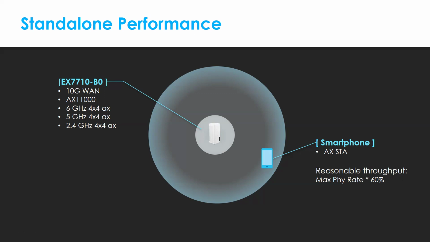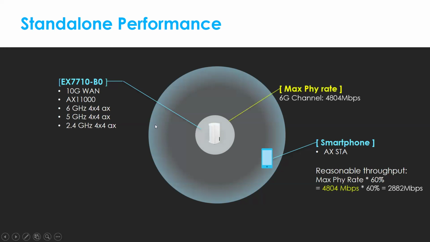When we connect a station to a standalone CPE like this, the reasonable throughput that a station will get is its maximum link rate multiplied by 60%. Since for the AX series CPE the 6G link rate is around 4,800 megabit per second, the reasonable wireless throughput of a 10G will be 4,800 multiplied by 60%, which is around 3,000 megabit per second.